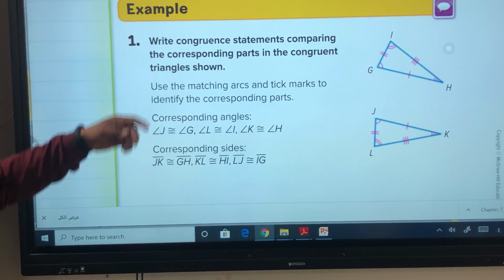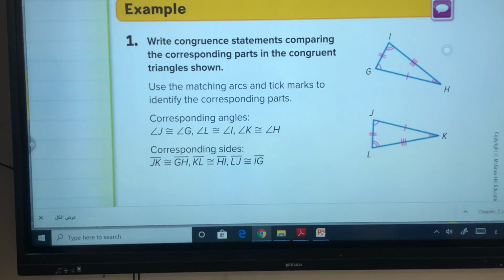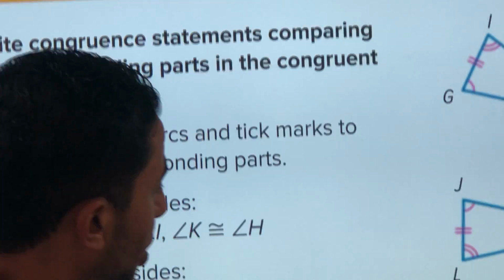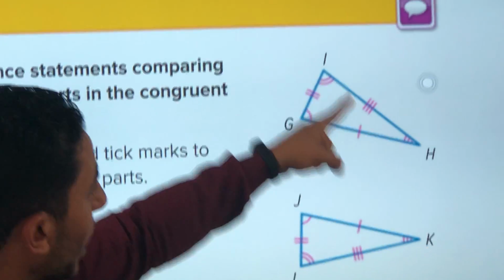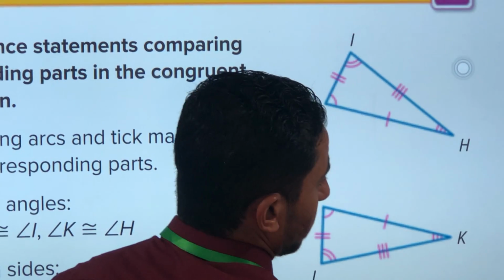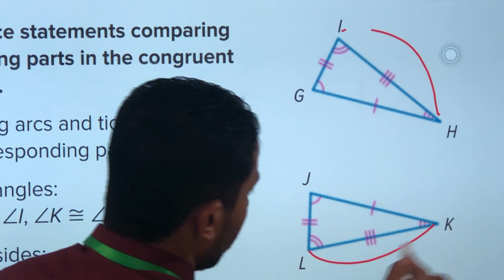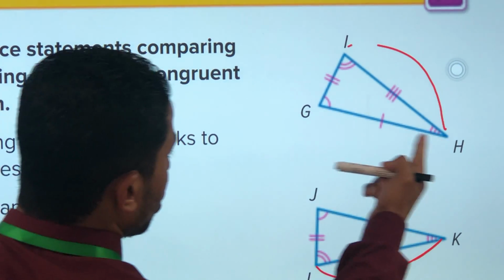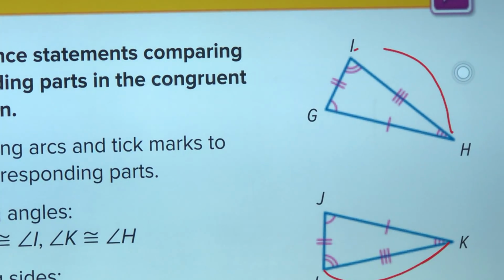Example number 1: write a congruence statement comparing the corresponding parts in the congruent triangles. As you can see, we have two triangles, IHG and JKL. So IH is equal to KL, and follow the matching arcs and tick marks.